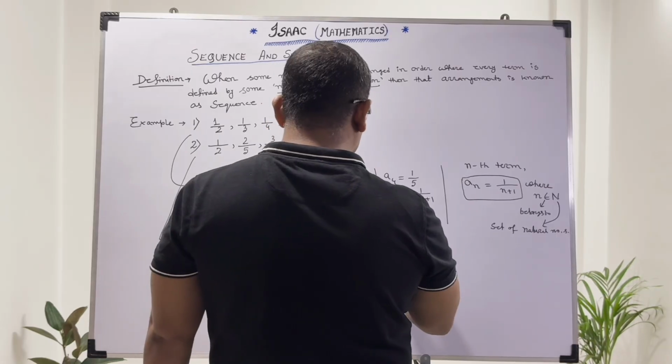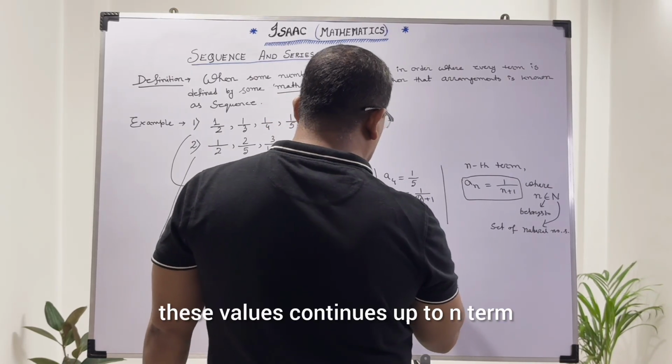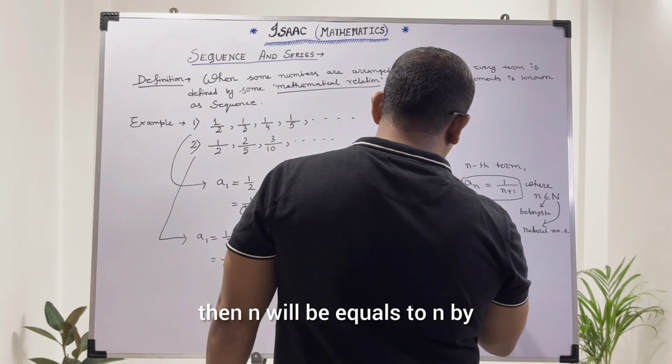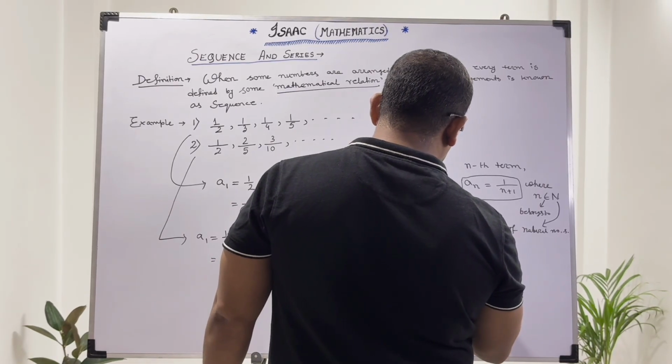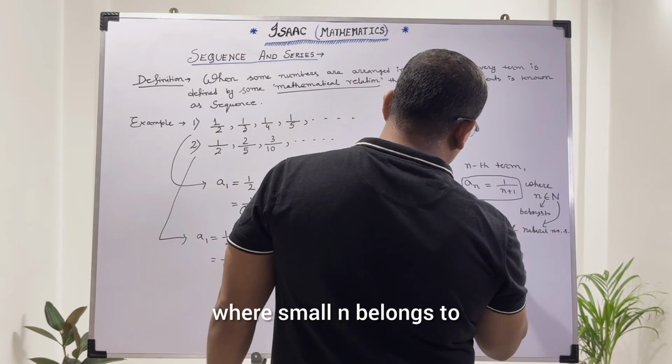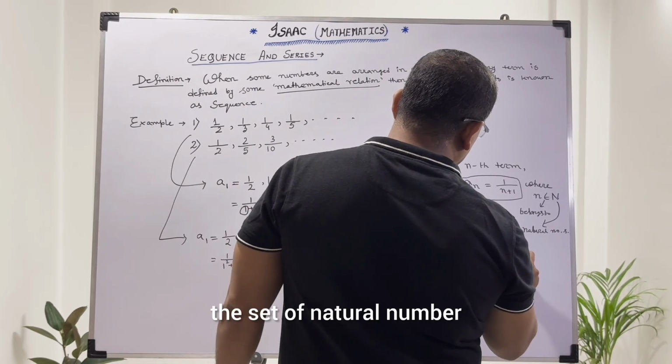If these values continue up to n terms, then an will be equal to n/(n squared plus 1), where small n belongs to the set of natural numbers.